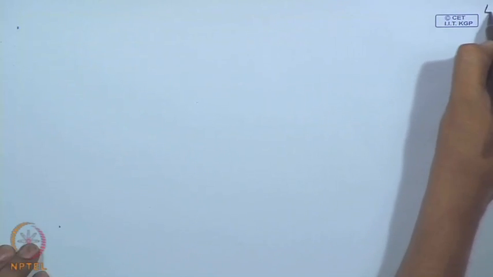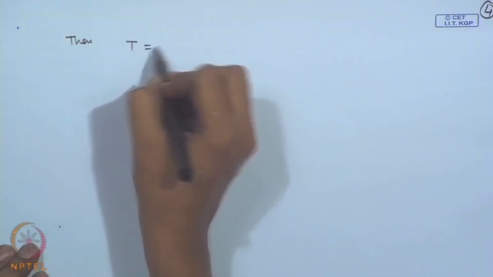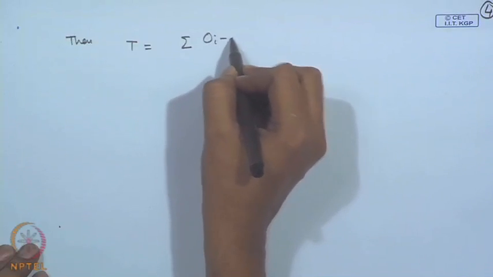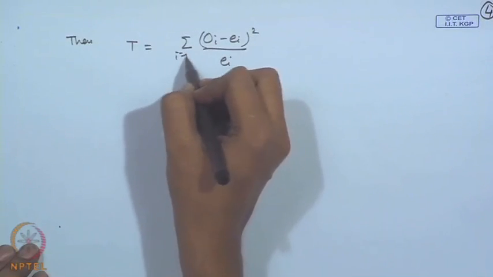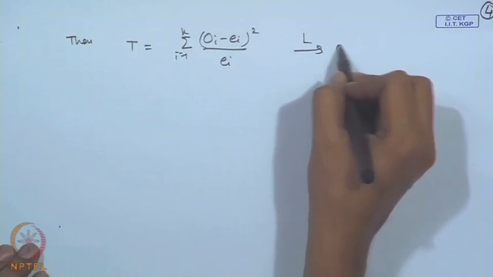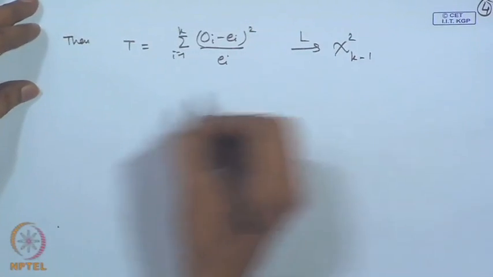So, this expression then becomes this T is equal to sigma (Oi minus Ei) square divided by Ei, i equal to 1 to k. This is asymptotically chi square on k minus 1 degrees of freedom.